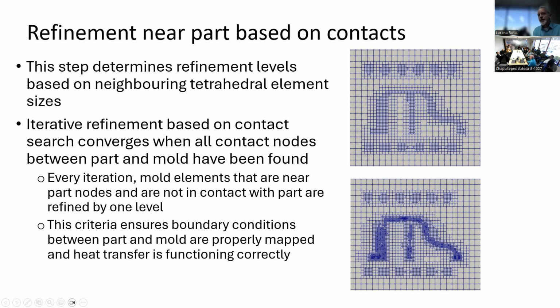With a traditional voxel mesh, you have a uniform voxel size. If you can imagine this being a part, and this area being occupied by cooling channels, the detail of how things connect between the cooling channel and the mold will normally dictate the size of your voxels, and the smallest resolution that you need will be applied everywhere.